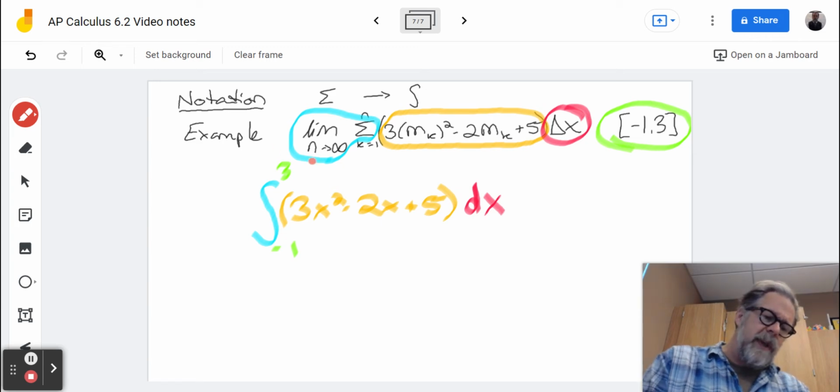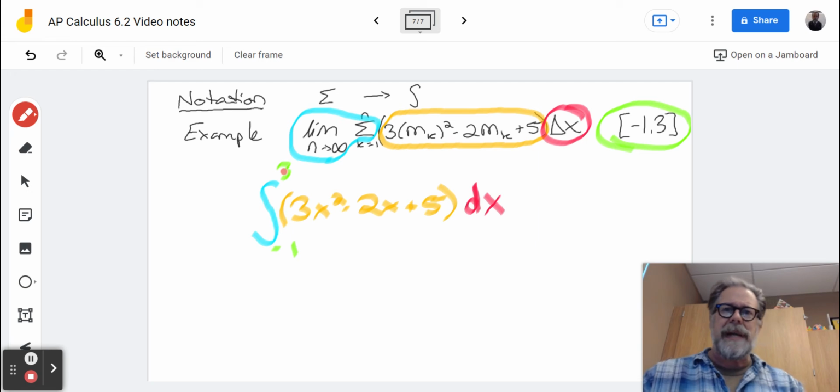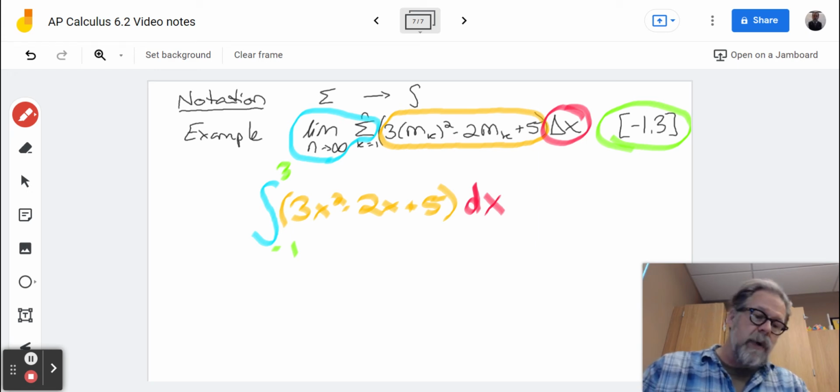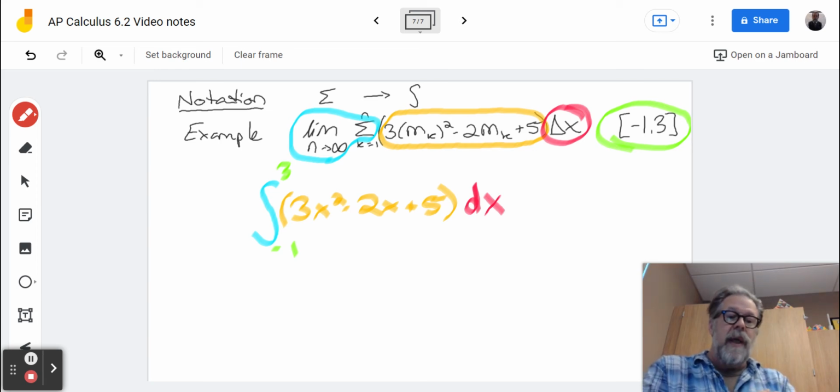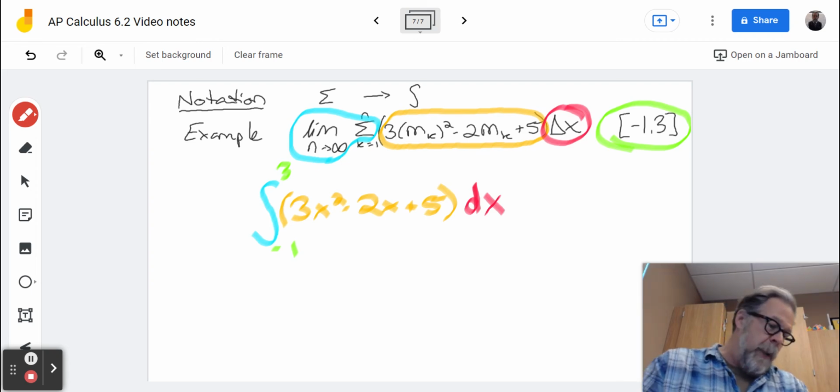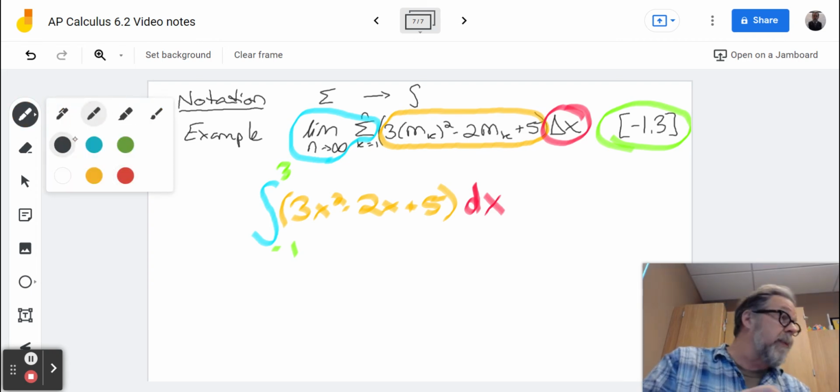The limit of the sum gives us the integral. The interval -1 to 3 tells us the lower limit and upper limit of our integral. The equation inside, telling us the height of each rectangle, is our function, 3x squared minus 2x plus 5. And our width, delta x, becomes dx when we take that limit. And how do we interpret this?